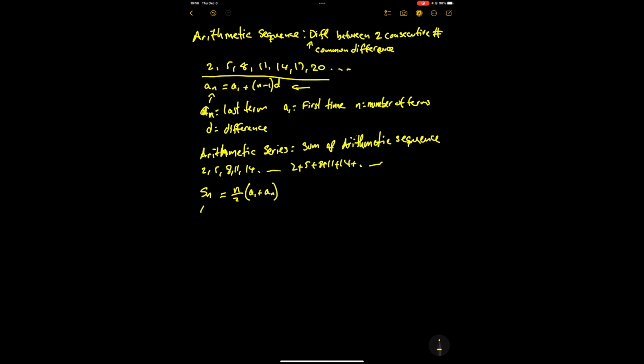S sub n means the sum of the series, n is the number of terms, a sub 1 is the first term, and a sub n is the last term.